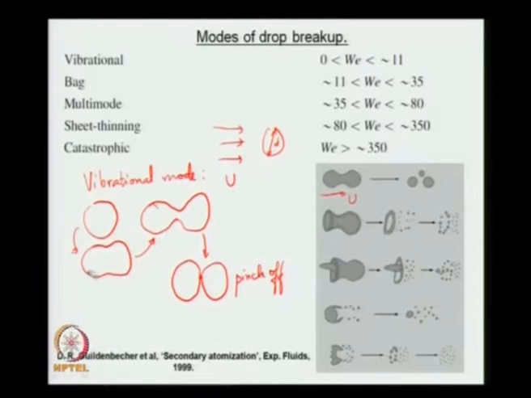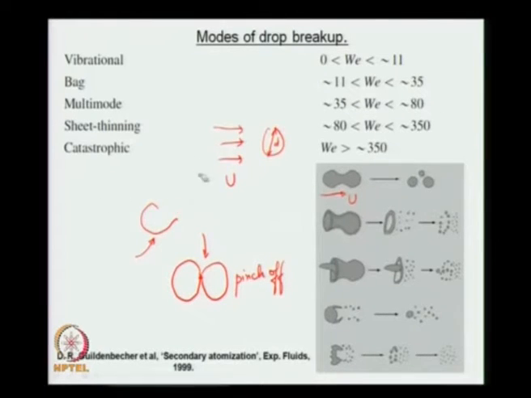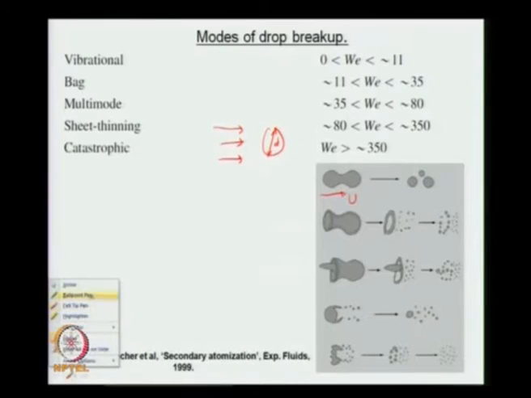If your Weber number is slightly larger, then the kinematics of what you expect would happen starting from here is that there is an initial deformation of this drop in the middle.